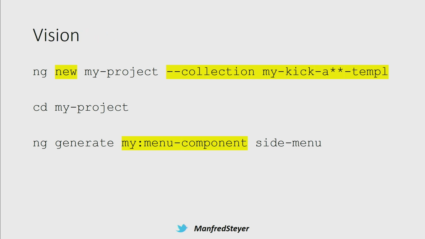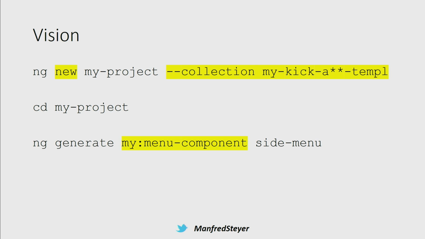And now the question arises, if we could use this for custom stuff, if we could tell the CLI to create a project with custom templates that align with our own corporate identity. Or if we could just create an menu component or some other components we need on a regular basis.